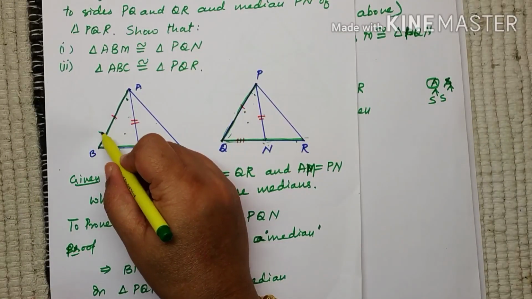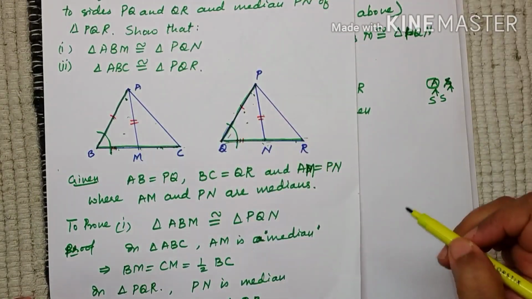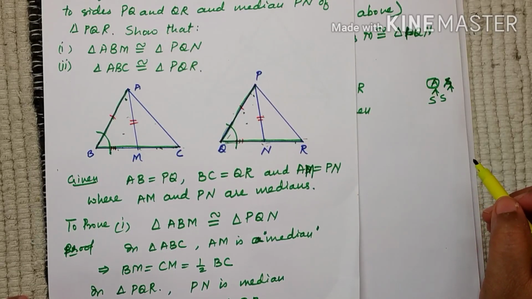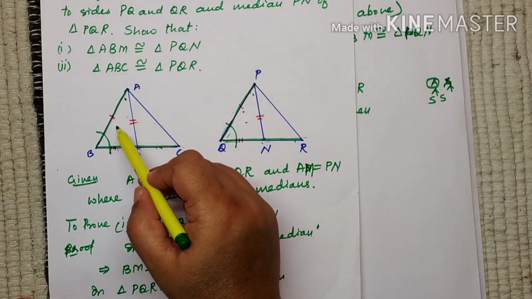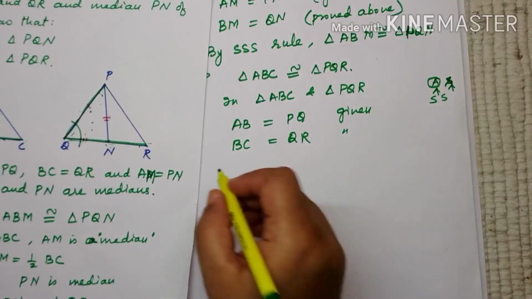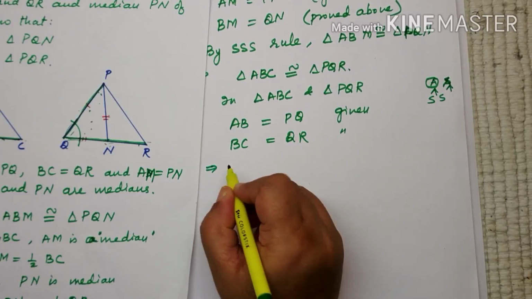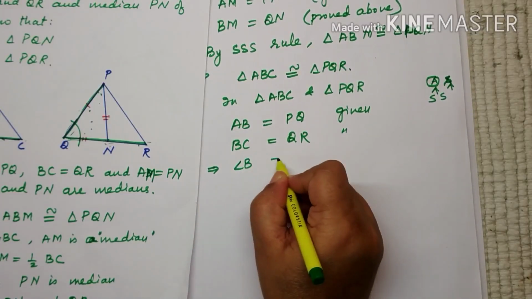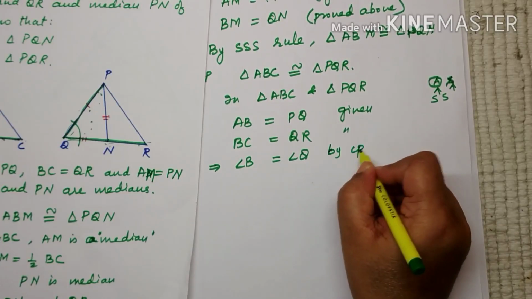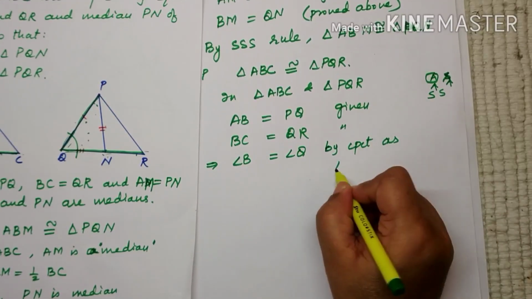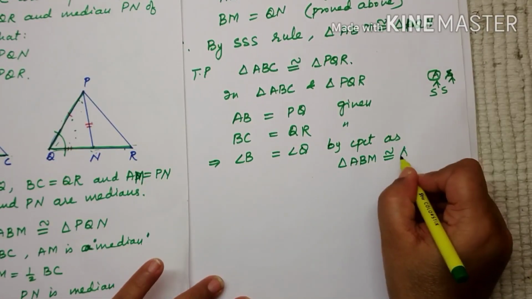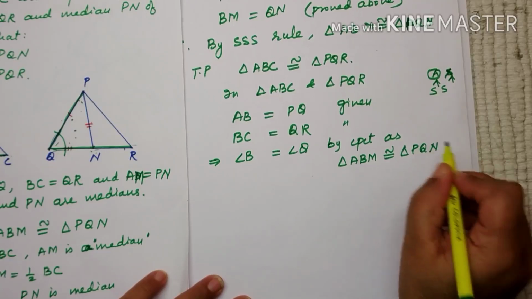The included angle is this, angle B and angle Q. Can I prove these angles equal? Yes, we have proved the triangles congruent and these angles are part of these triangles which we have proved congruent. So I can directly write angle B is equal to angle Q. Reason: by CPCT, as triangle ABM is congruent to triangle PQN.